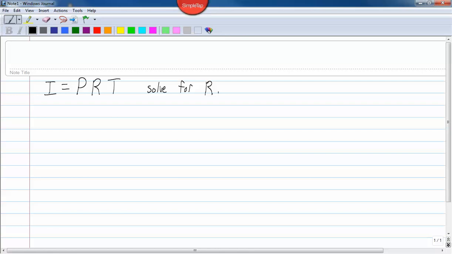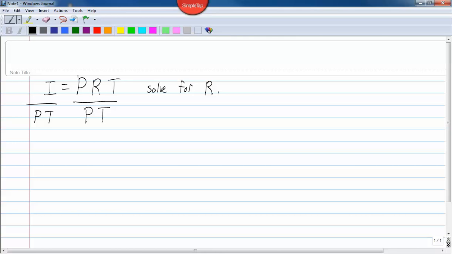And what do we do to get a variable by itself when you're multiplying? You divide both sides, right? There's no other term on this side other than PRT. And so if I want to solve for the variable R, I need to divide by P and divide by T. And what you do to one side of the equation, you have to do to the other.